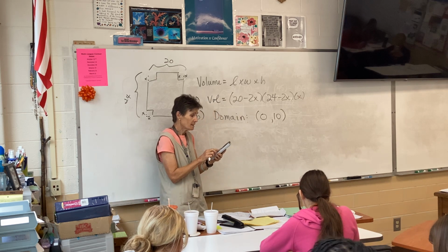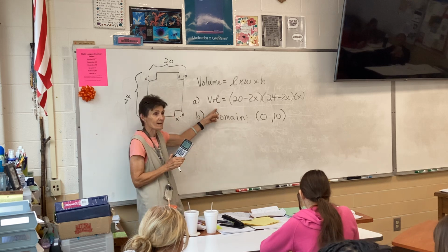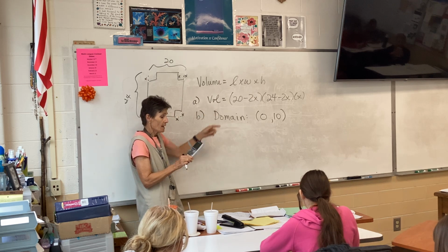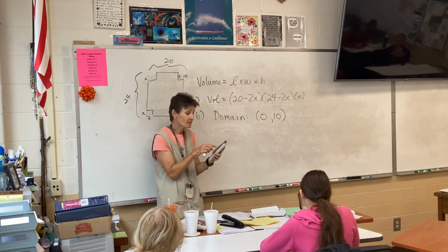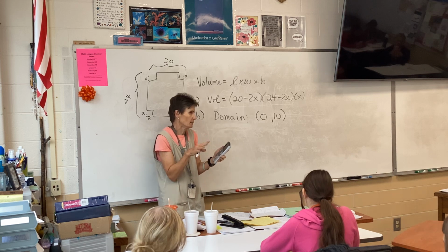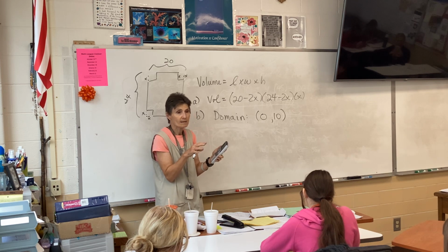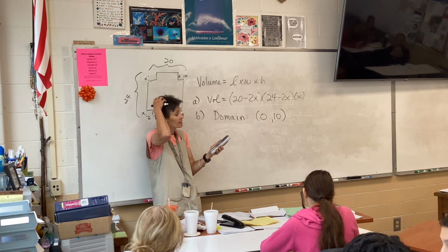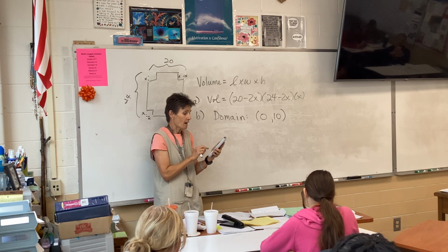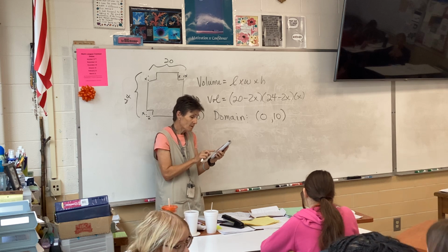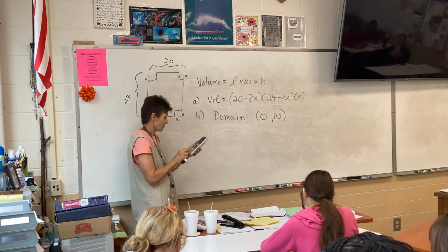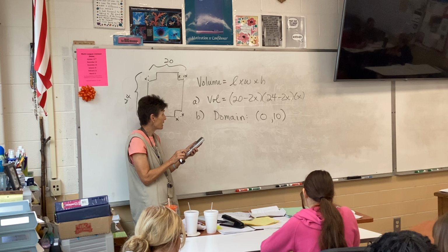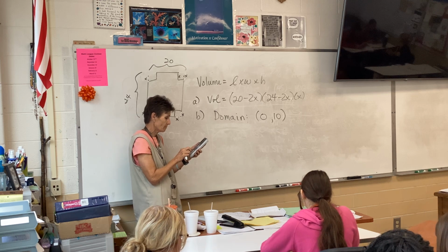Y min is still 0 because Y is still your volume. And just for fun, I have it at 300 for Y max. I'm going to leave it because it's either going to be big enough or it's not, and I'll go back and change it. Now, I'm going to type in my equation. So go to Y equals, and type in your equation.